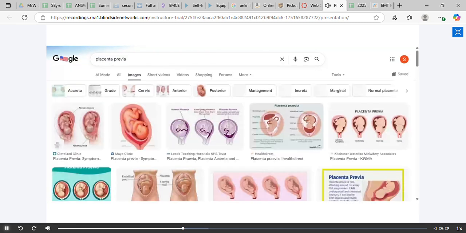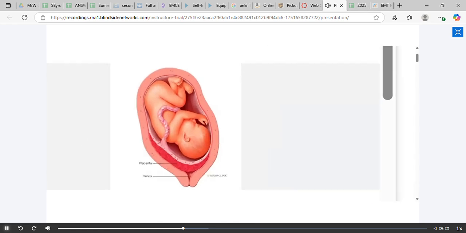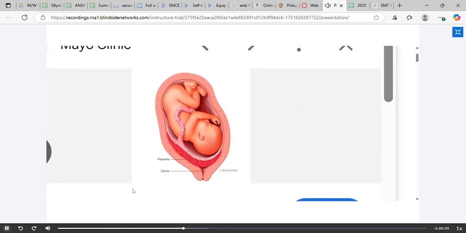Okay. This is a great one right here. So here's the uterus, right? Here's the uterus. Fetus is growing. Okay, here's the placenta. When the fertilized egg initially attaches in the uterus, if it attaches low on the uterus, remember we said, the fallopian tube is over here.